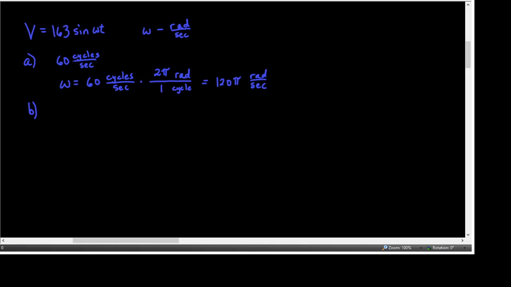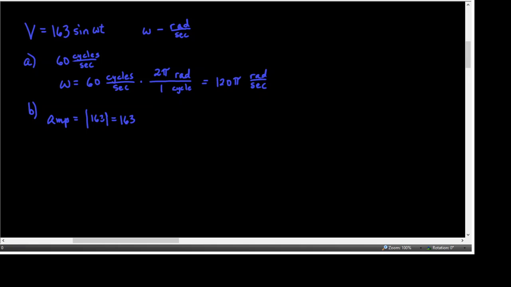It says graph V on the interval between 0 and 0.05 seconds. Okay, so to graph V, I'm going to do the graphing like we did in the previous section. The amplitude is the absolute value of the number in front of sine. So the amplitude is 163.